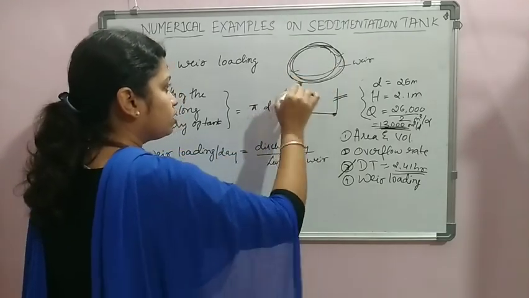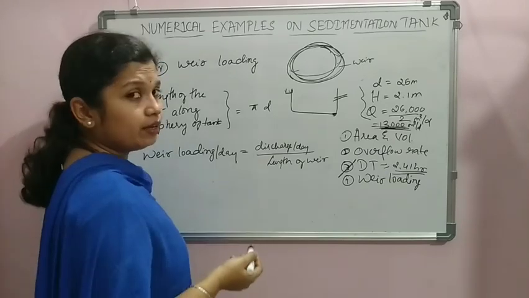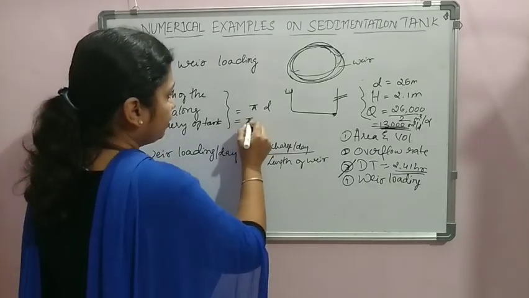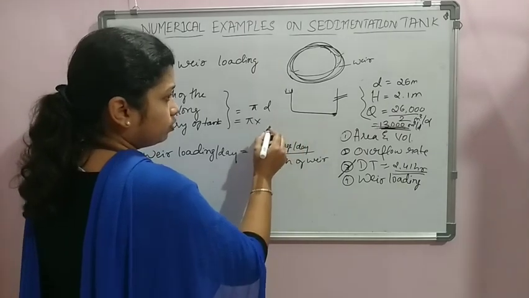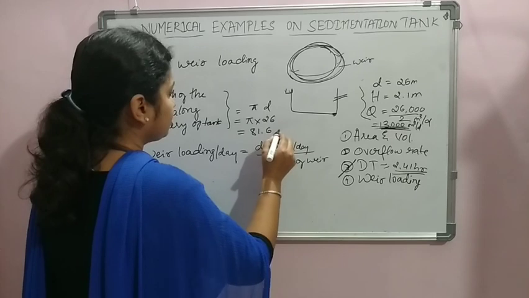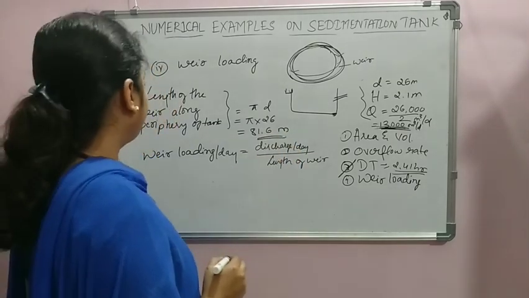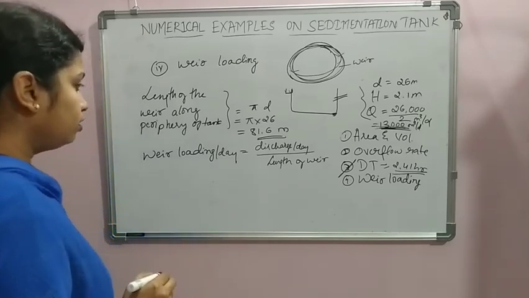Throughout this, what is its complete length? To calculate that, we have the simple formula pi d. So pi into the diameter, 26, is 81.6 meter. So this is the length of the weir along the periphery of the tank.